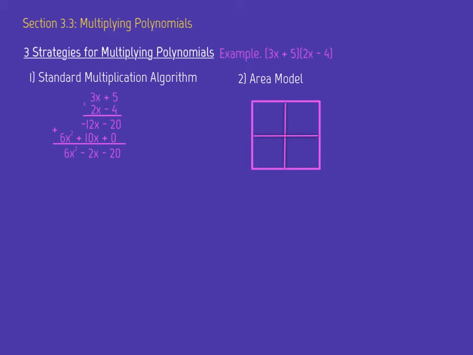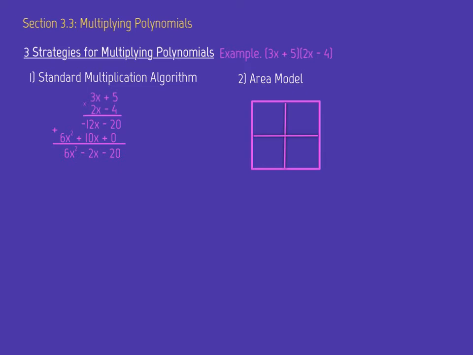For our area model, we're actually going to use a rectangular box. I like to just do mine more as squares, but basically what we're going to do is let one of the binomials that we're multiplying, and this would work for any polynomial, but binomial in this case, so 3x plus 5, be the height of our rectangle, and then the 2x minus 4 would be the base.